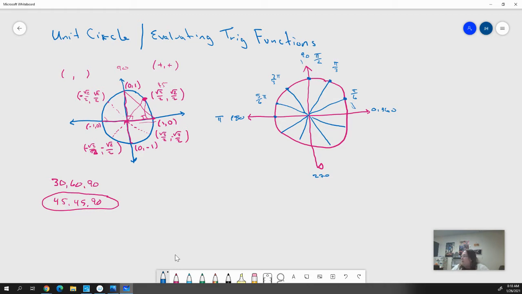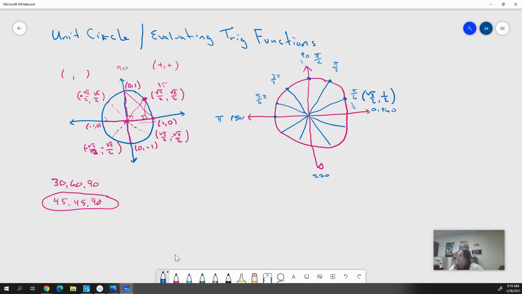This point right here would correspond to radical 3 over 2 and 1/2, right? Our x value is radical 3 over 2. Our y value is 1/2.